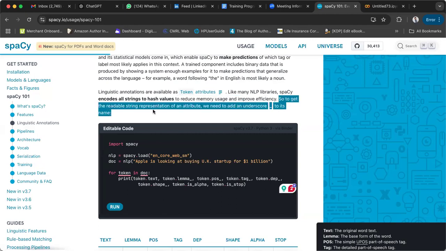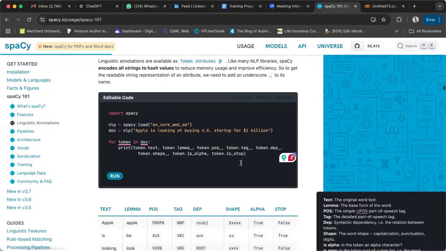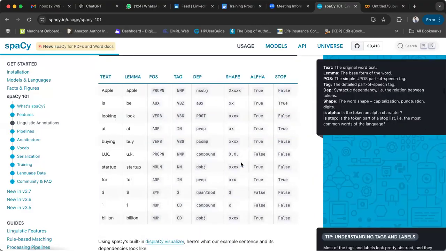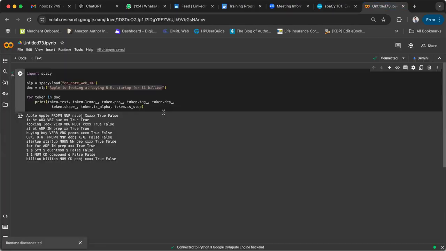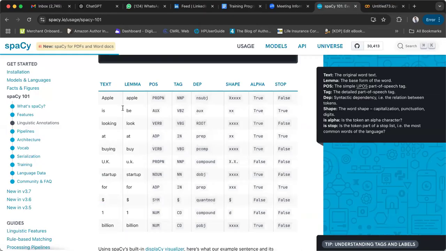So to get the readable string representation of an attribute, we need to add an underscore to its name. Okay, and this is how it looks. Whatever information we have got here is the same information in the table they have given.